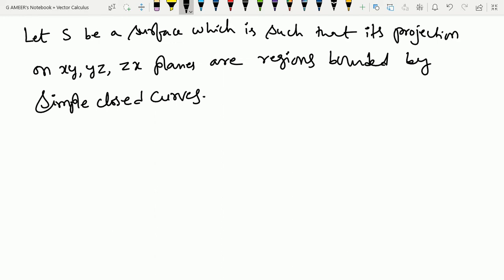So S is a surface such that its projections on the xy, yz, zx planes are regions bounded by simple closed curves.